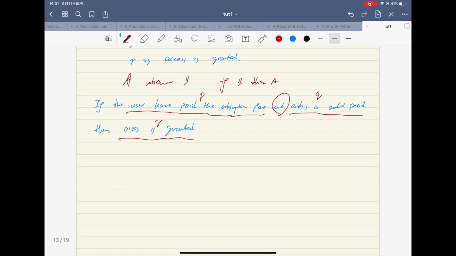So generally we have P and Q implies R. Yeah, this one is a propositional logic.